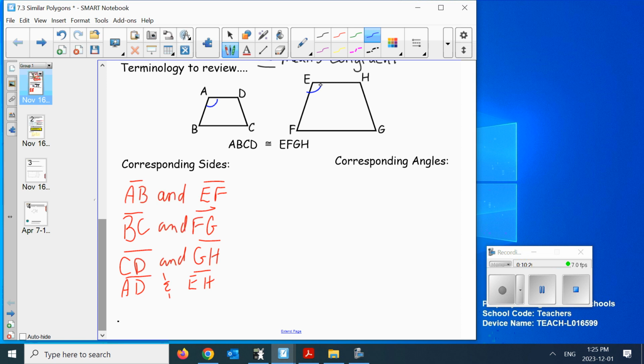There's two ways to do these, and I'm going to do only for A and E the long way, and then tell you why we can do it the short way. Corresponding angles. Angle BAC is the same as angle FEH. Now that's the long way to do this.